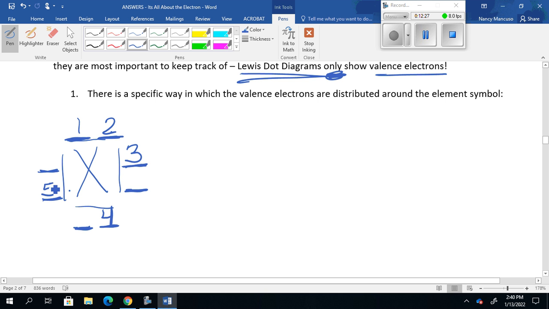I want to compare this to getting on a bus. The first 2 seats that fill up are the 2 best spots. Imagine I'm getting on a bus. Here's the driver. You get on the bus. These are the 2 best spots, 1 and 2, so those get filled right away. Everyone wants to sit in those spots.